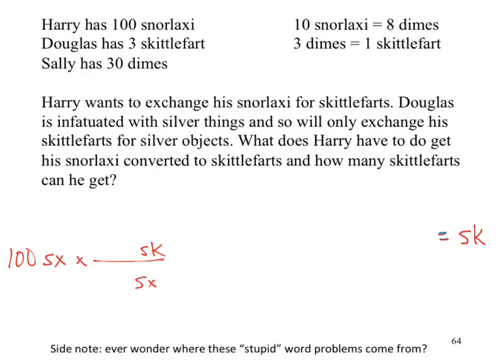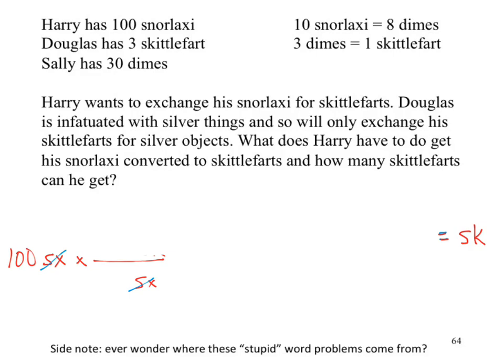We have to process this based on where we can go with our paths, which means we can now choose which unit we want to convert. Which unit do we want to keep, SKs or SX? SX tends to be the standard because that helps us simplify our units. Immediately we can cancel. What can we convert the SX to?